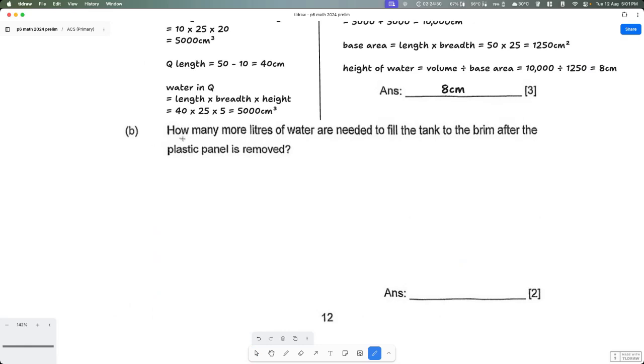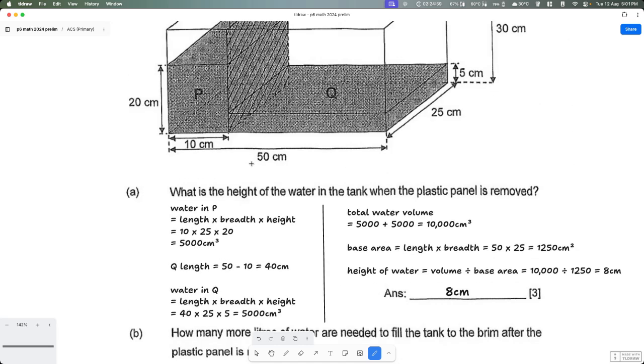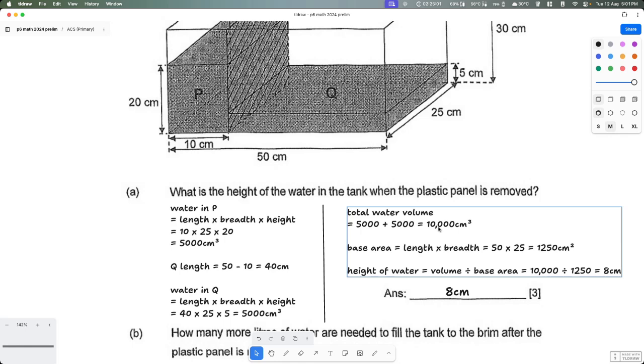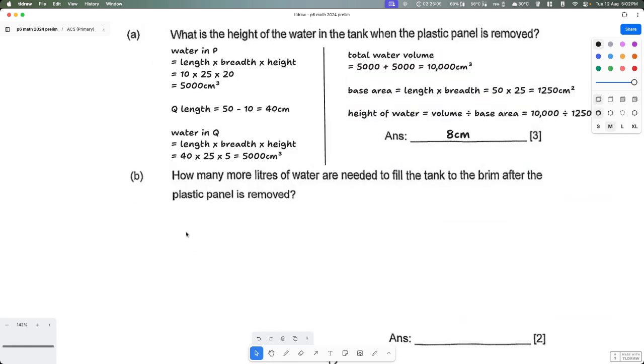He says here, how many more liters of water are needed to fill the tank to the brim after the plastic panel is removed? So we know that we have the total water volume, which is 10,000 centimeter cube. So we can get the total tank capacity or volume, which is equal to length times breadth times height.